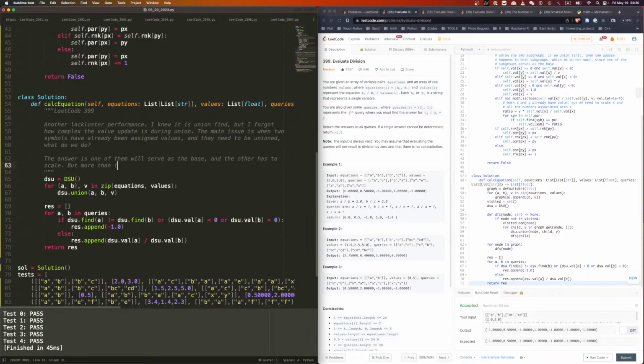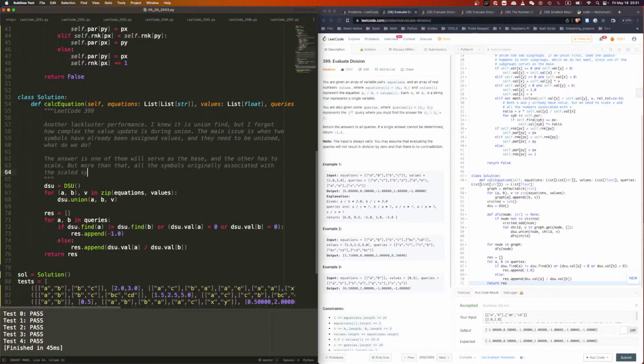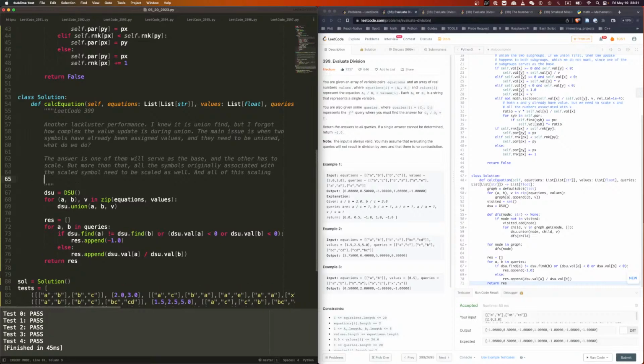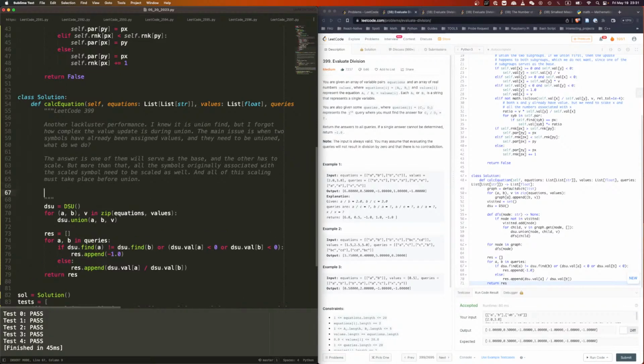But more than that, all the symbols originally associated with the scaled symbol need to be scaled as well. And all of this scaling must take place before union. Yeah, this is the difficult part.